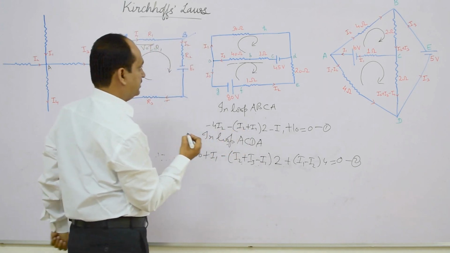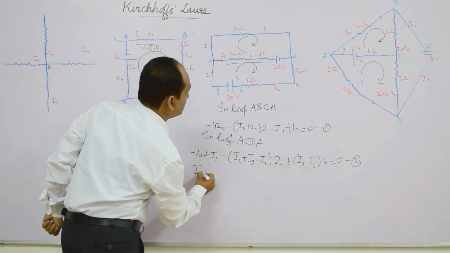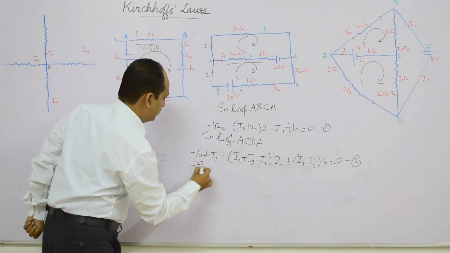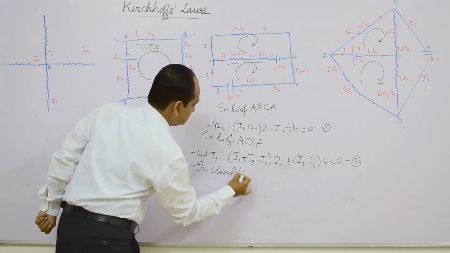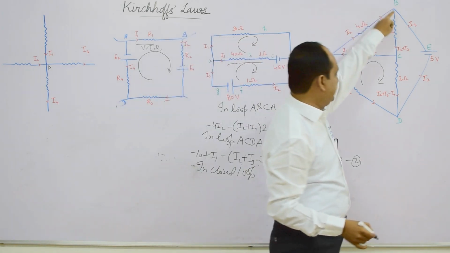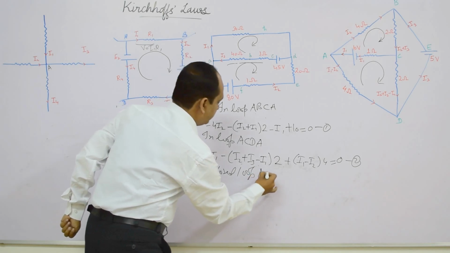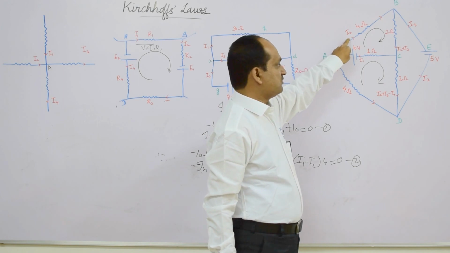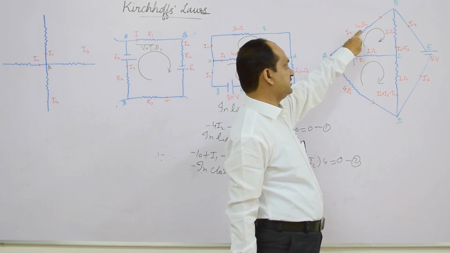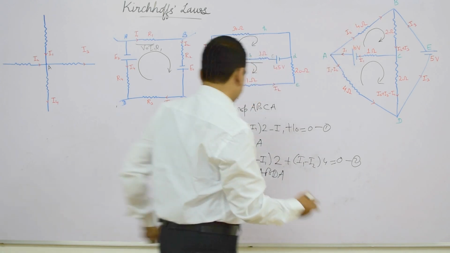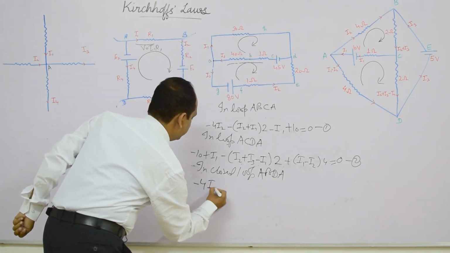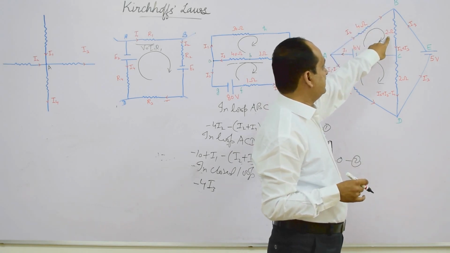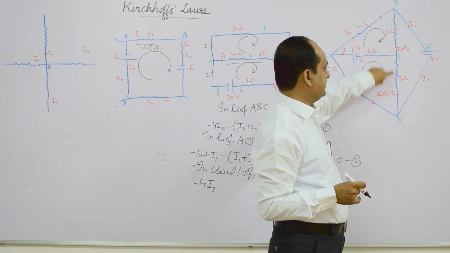So we can write from there I1, or we can just select a closed loop A, B, D, A. Now this I2 is in clockwise direction and it is passing through 4 ohm resistor. So we can write minus 4I2. Then we have here 2 ohm resistor and this 2 ohm resistor, both are in series.